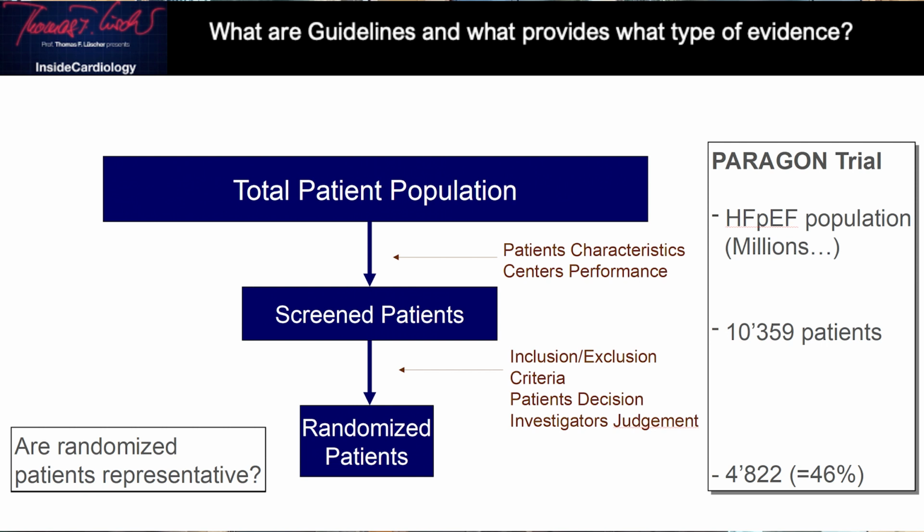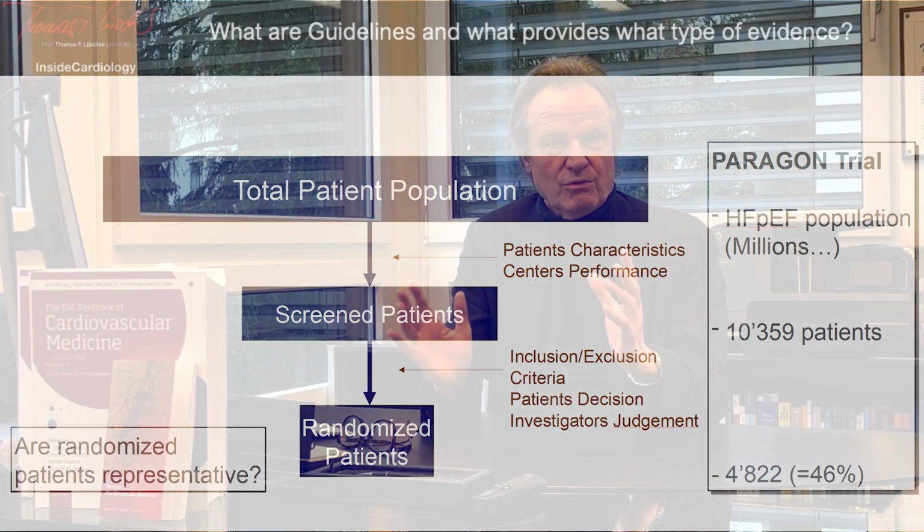Around 10,000 patients were screened, and eventually 4,822 patients, 46% of those screened, but a minute percentage of those in the real world, have been randomized. That's a limitation that we have to consider whenever we read a particular trial.